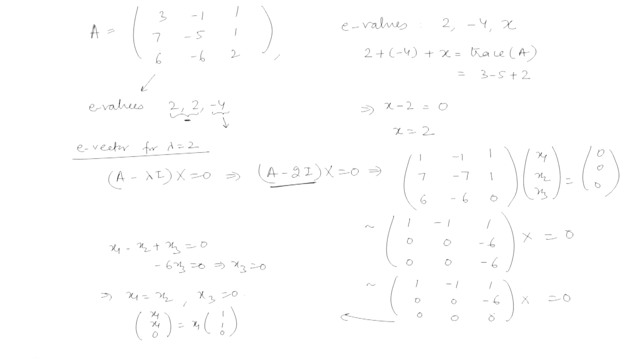So, 3 minus 2 is 1, and 1 is the number of linearly independent eigenvectors. So, if R is the rank of A minus lambda I and n is the order of A, then n minus R will be the geometric multiplicity corresponding to that lambda. And if it is equal to the algebraic multiplicity for each lambda, then only the matrix will be diagonalizable.